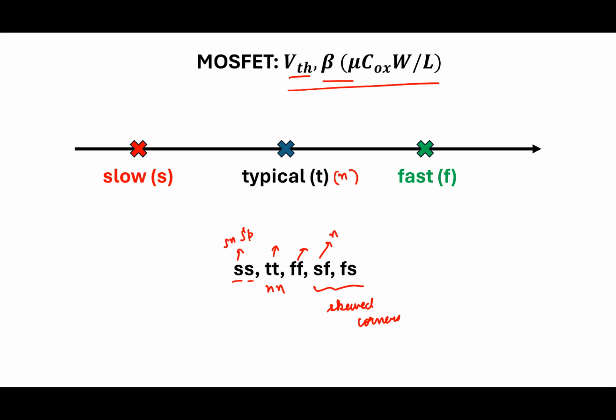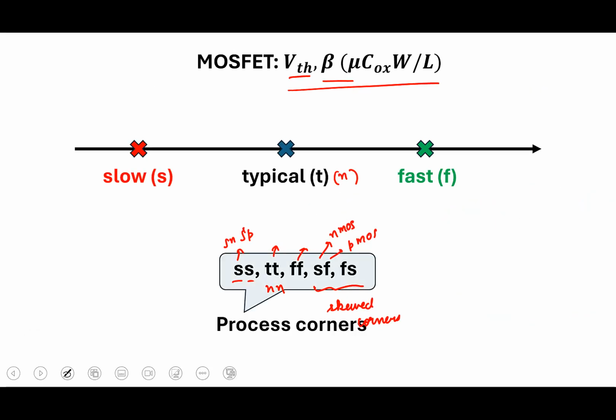Typically the first is for NMOS, the second is for PMOS. When I say SF, it is slow NMOS, fast PMOS, that is the convention. And the jargon given to this is process corners.